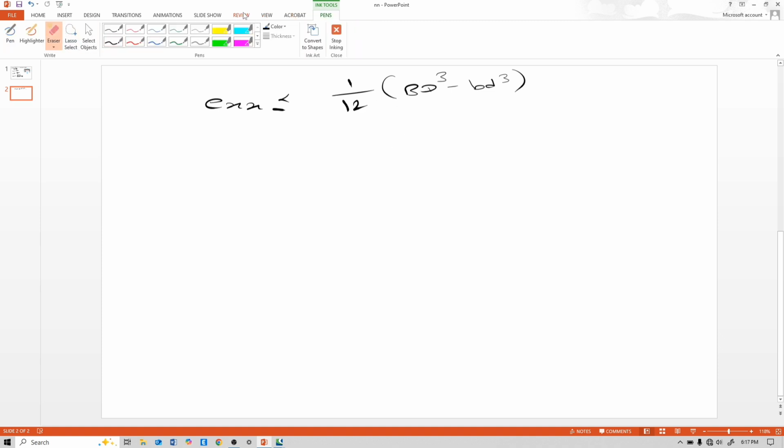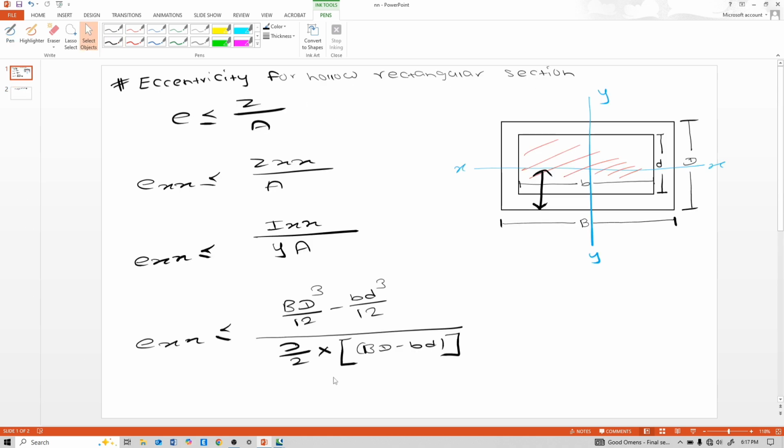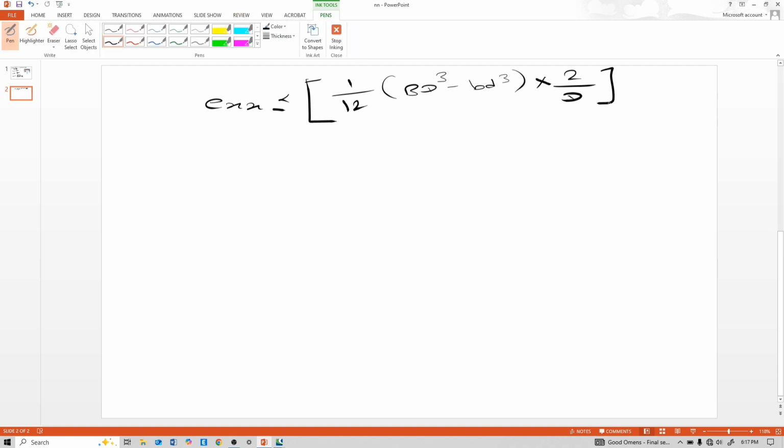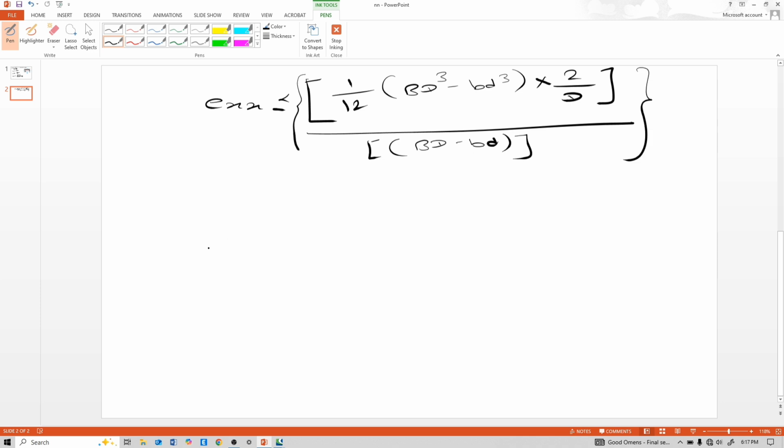Take this to the numerator, D by 2 becomes 2 by D, and the area is BD minus small b into small d, taken as it is. So exx should be less than or equal to, 2 sixes are 12, (B D cube minus small b small d cube) divided by 6D into (BD minus small b small d).